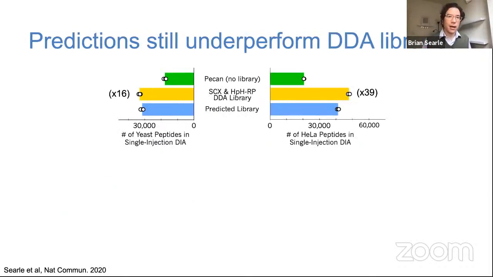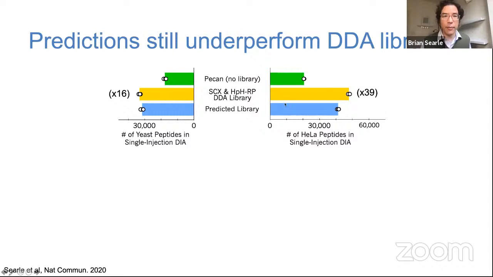But still, when we're analyzing data with these DDA libraries, we actually still see more peptides, more proteins than we do with these predicted libraries. And again, here we're making a combined SEX, HPH, high pH reverse phase, DDA-based library. So in analyzing yeast, we're looking at 16 fractions here, and analyzing HeLa, we're looking at 39 fractions.